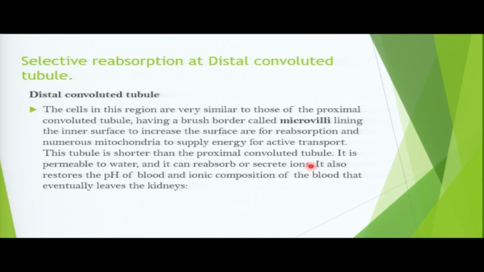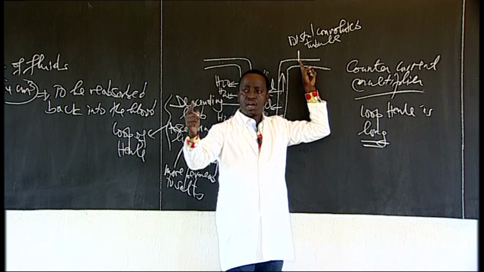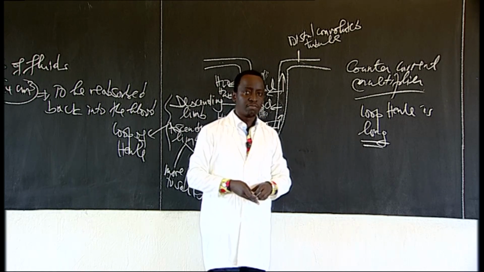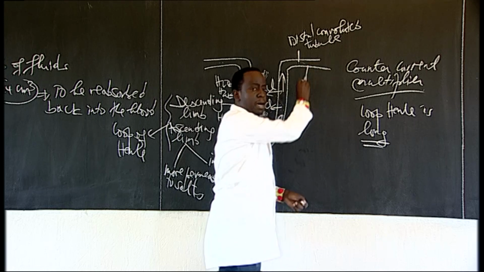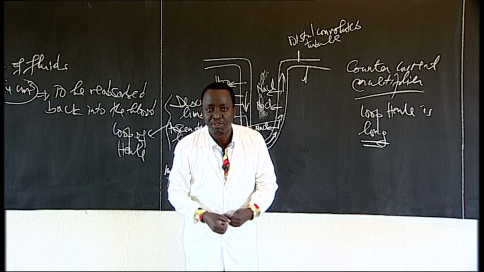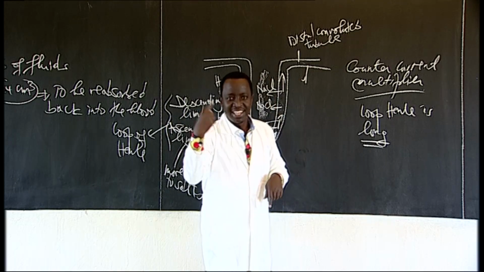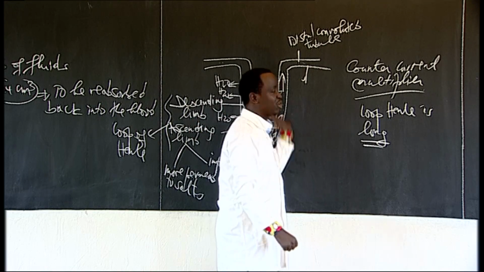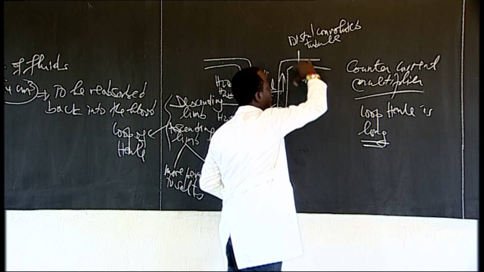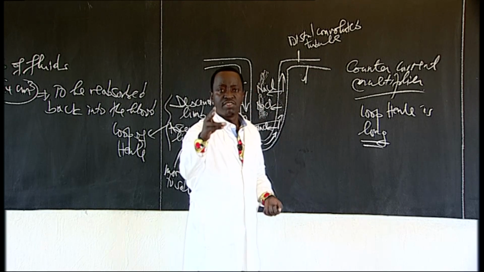Yes. So this distal convoluted tubule is where our filtrate reaches. This is permeable to both water and salt, which means it can allow water to go back into the blood and also salts. But it will depend, because for this to work, it needs the hormones.